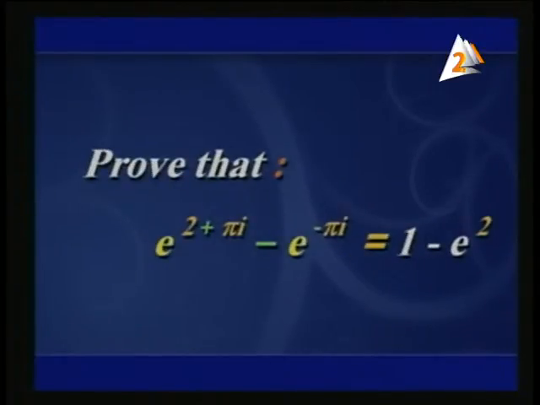Prove that e to the power (2 plus pi i) minus e to the power (negative pi i) equals 1 minus e squared. Solution.